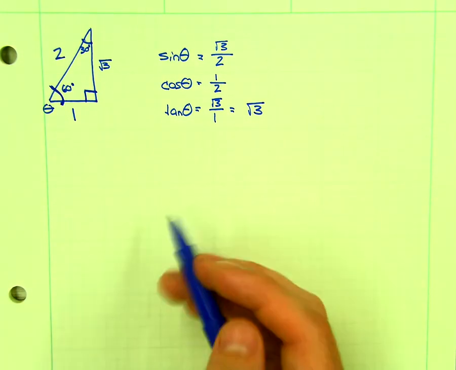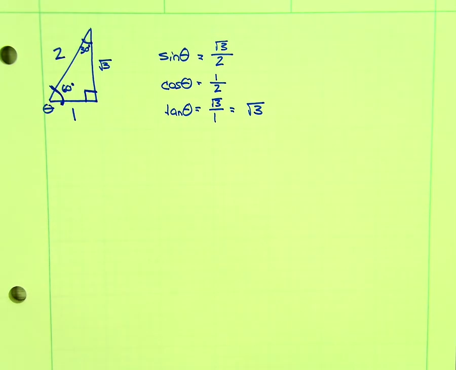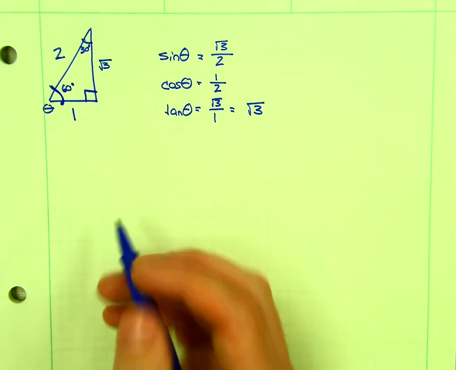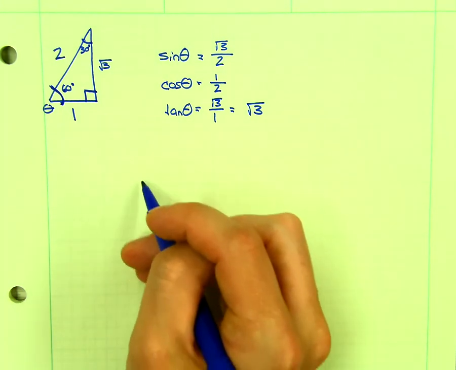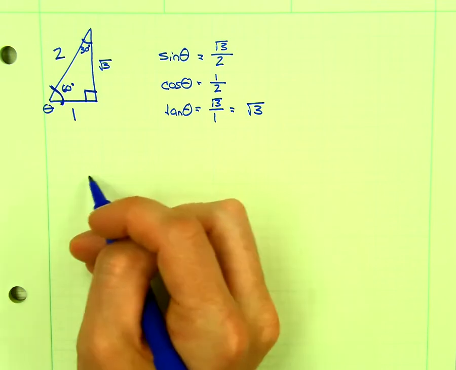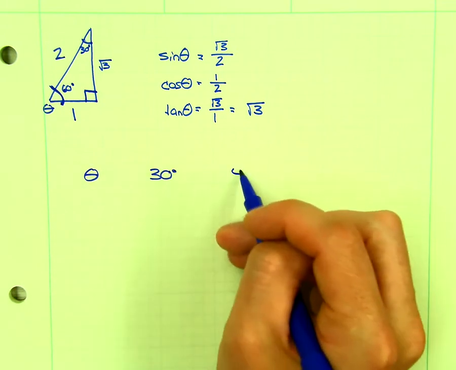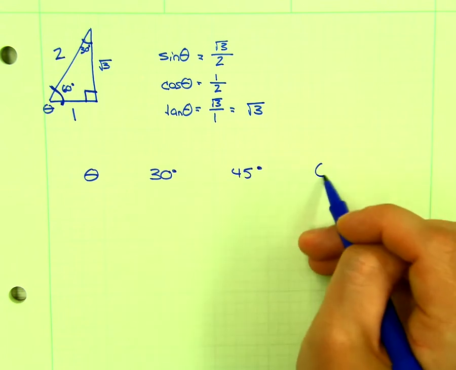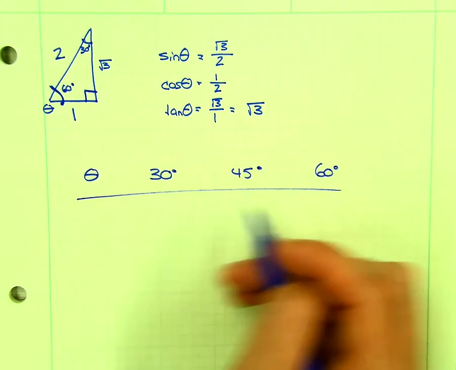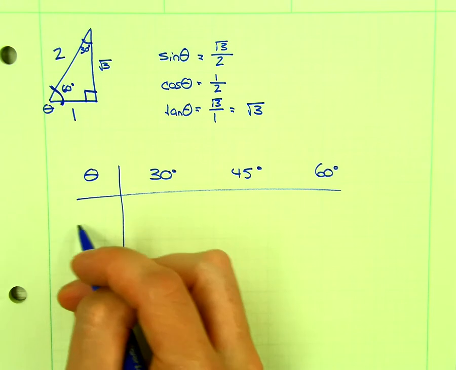Fantastic. Just like that. Okay, now the last thing I want to point out is you can fill out a table really simply that sort of summarizes all of this stuff. Right here across the top I've got theta, and here I've got 30, 45, and 60. This is just basically summarizing all the stuff that we just figured out.